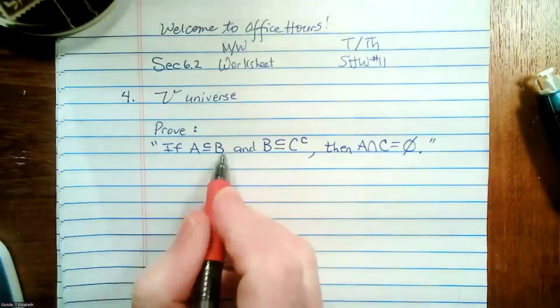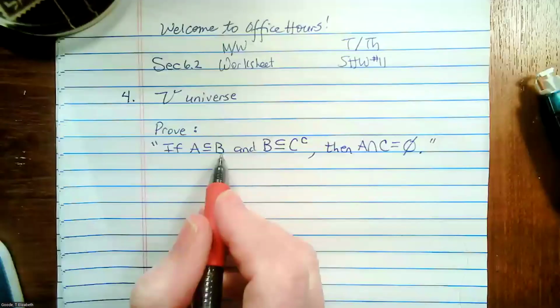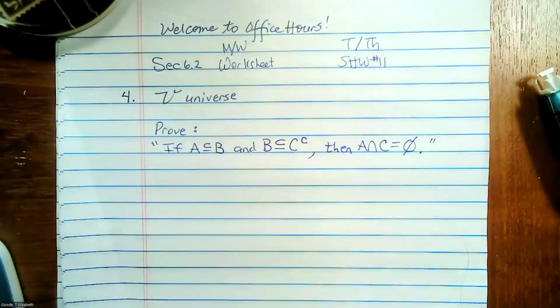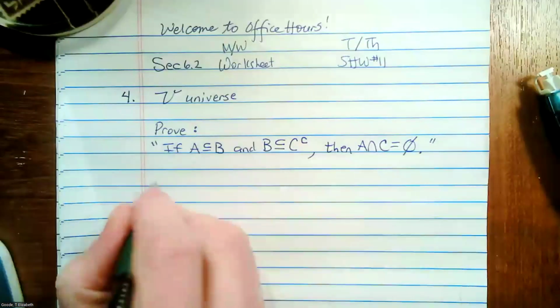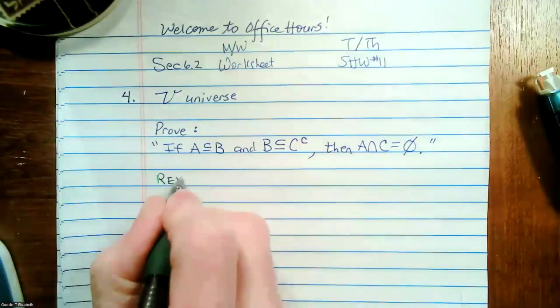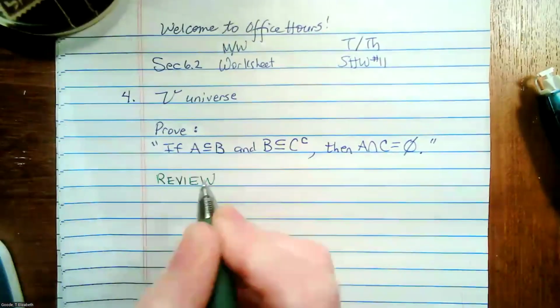You know what subset means, right? Yes, that means elements in A are going to be inside of B. Nope, other way around. Let's do a little review. Here, take a deep breath.